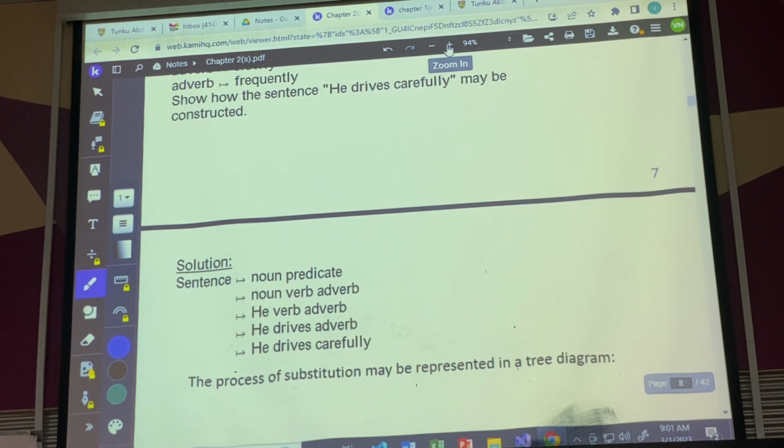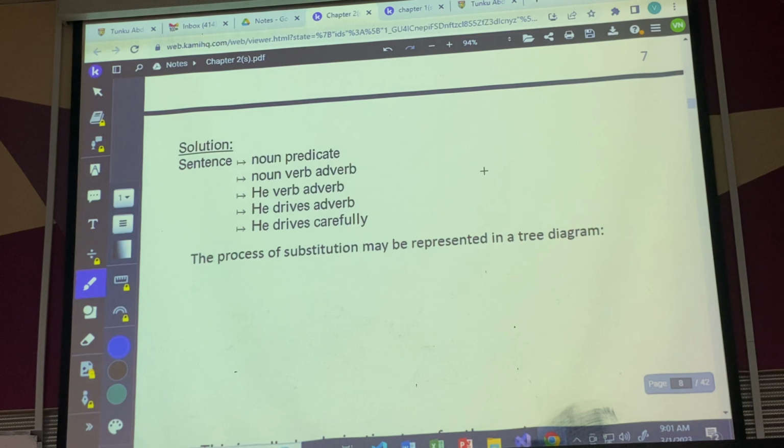Okay? And of course, we can show this in a tree diagram also. If you draw it in the tree diagram, the starting point will be the sentence, which is the root of the tree. Okay, then you follow this substitution here, noun and predicate.